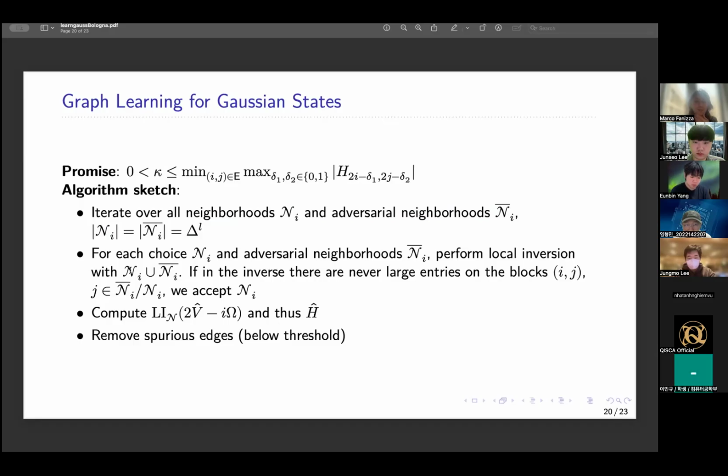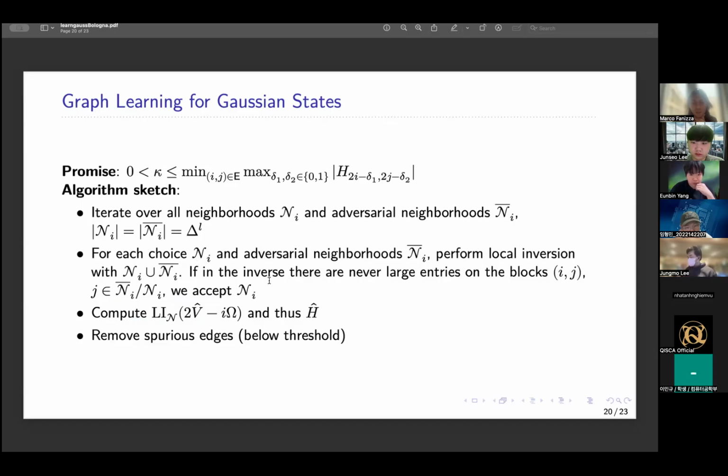And then for each choice of an I and adversarial neighborhoods, one does a local inversion with the union of the two neighborhoods. And if in the inverse there are never large entries on the blocks that do not correspond to the candidate neighborhood, then we accept an I. So we have to run this for every adversarial neighborhood.